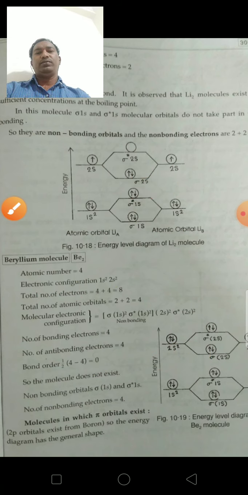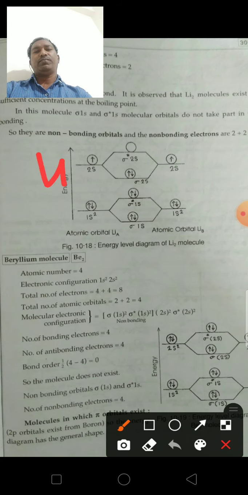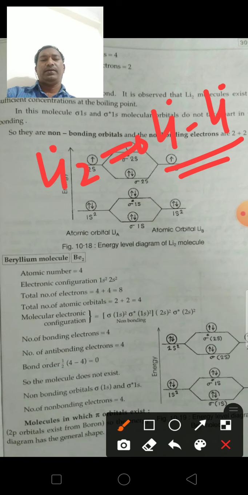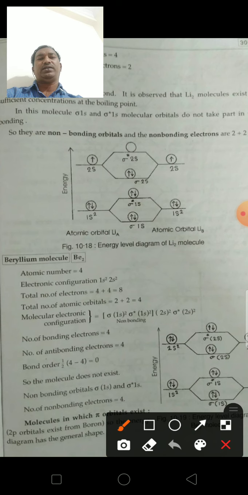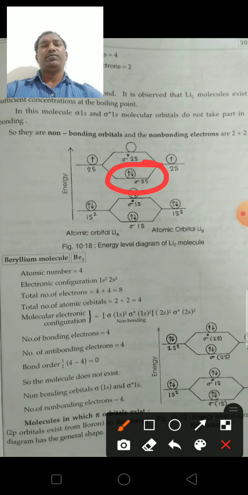So in the lithium molecule, one bond is there between the 2 lithium atoms, Li-Li. So in the highest energy orbital, that means the sigma 2s orbital, contains paired electrons. There are no unpaired electrons. So this lithium molecule shows diamagnetic nature.